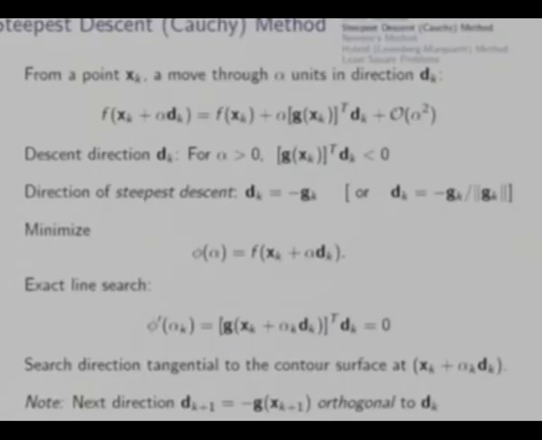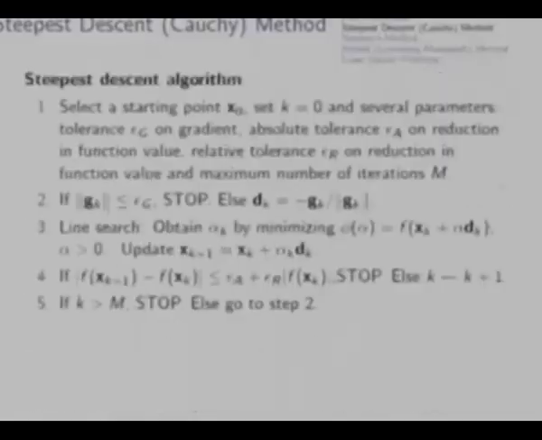So, this is the way the steepest descent method works, and if you try to work out an algorithm out of it, then this is how it will look. Select a starting point x0, several termination parameters, tolerance values, etc., and a maximum number of iterations. The termination condition for the steepest descent algorithm will be the vanishing of the gradient.